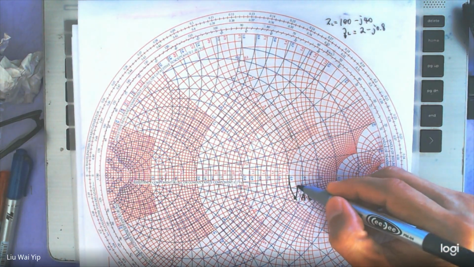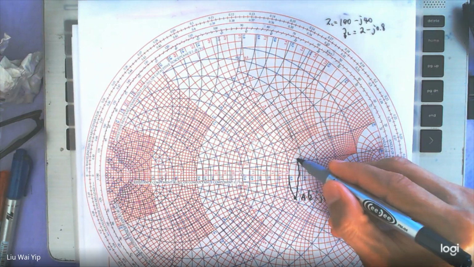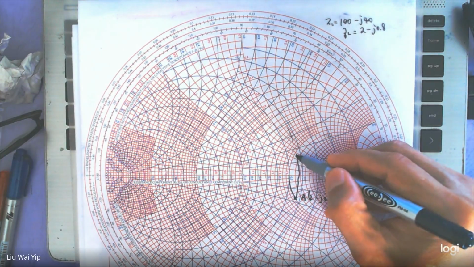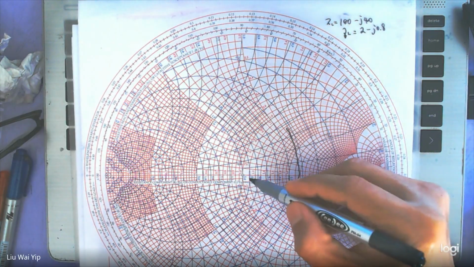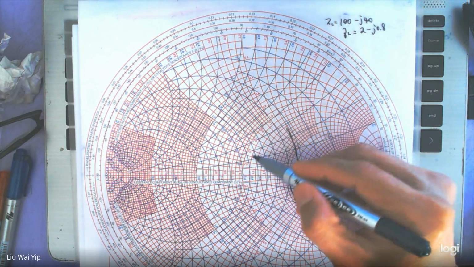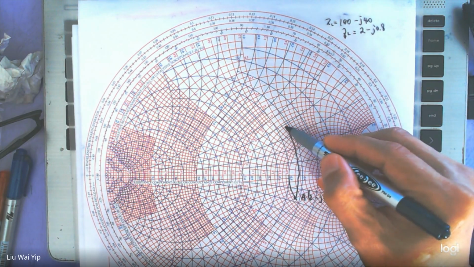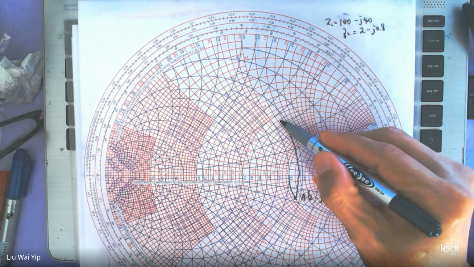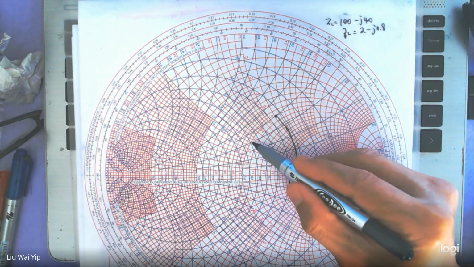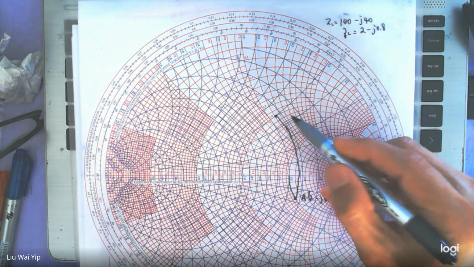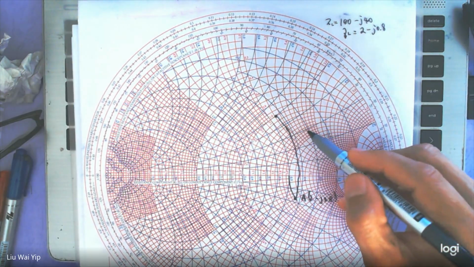So when we do this, until you meet the 1 plus jx circle.